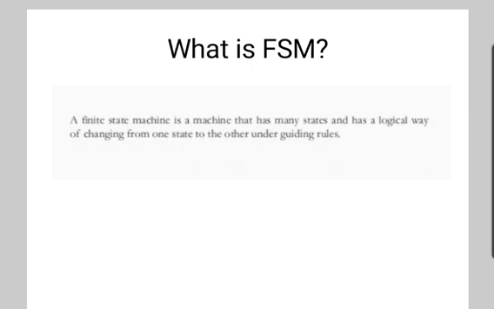It is a machine which has many states and a logical way of changing from one state to another under guiding rules. A finite state machine is a type of sequential circuit designed to sequence through a specific pattern of finite states in a predetermined sequential manner. Every FSM basically consists of three parts: a sequential current state register, combinational next state logic, and combinational output logic.